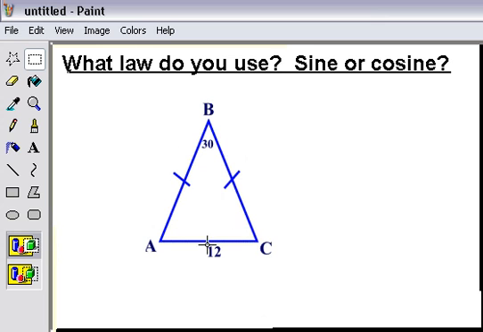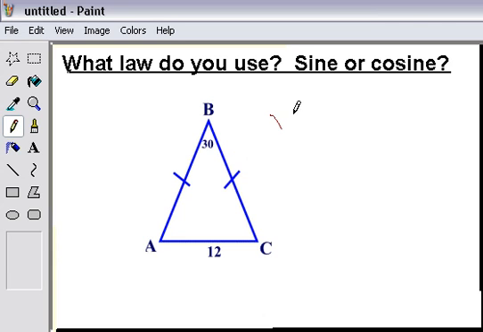We have one side angle pair given, but we don't have any other sides or any other angles. That's why this one is tricky to figure out. The interesting thing here, though, is that if you take a look at this angle here, 30 degrees, we know that all the angles in a triangle add up to 180.